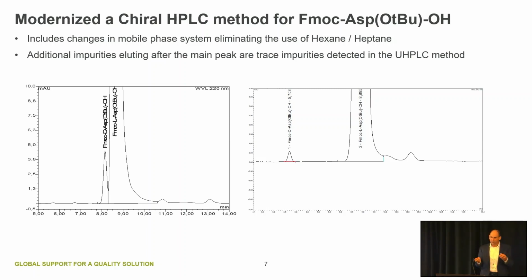And now it's a question, well, if they don't interfere and they don't react with the peptide, do I really need to control them at a very tight level? And that's where this justification of specification and risk assessment really comes into play, because you can envision how this impurity will end up in your final drug substance.